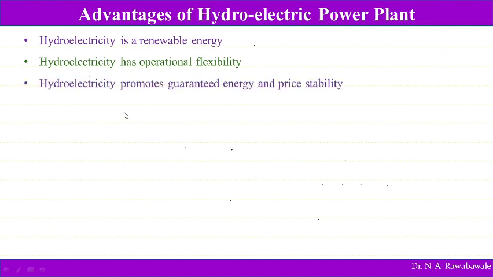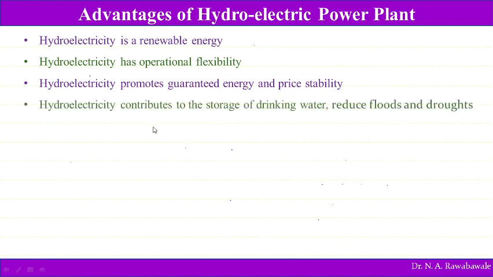Hydroelectricity promotes guaranteed energy and price stability. In a diesel power plant or thermal power plant, the cost of coal as well as diesel varies internationally. But in a hydroelectric power plant, the cost of stored water is not going to vary. Therefore the price is stable here.